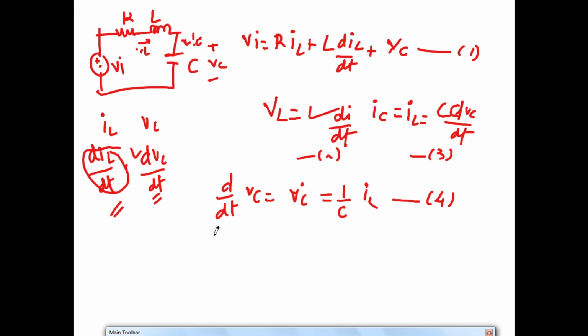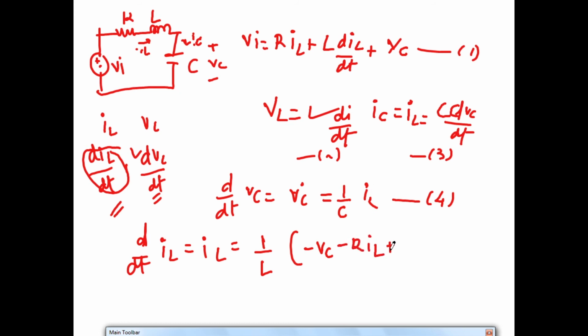So from equation number 1, d by dt of IL is equal to IL dot is equal to 1 upon L into the bracket minus Vc minus R into IL plus Vi.